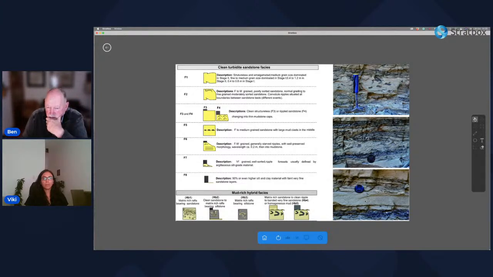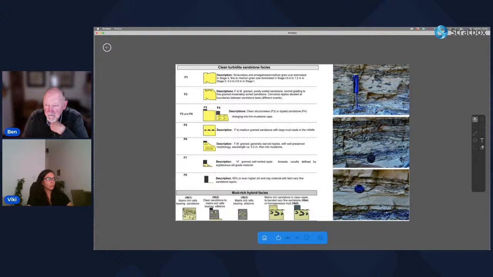Here we see these very, very matrix-rich sands, and then some clean ripple cross-laminated sand sitting on top. So it looks as if we've got debris flow or slurry flow, followed by some more dilute flow.